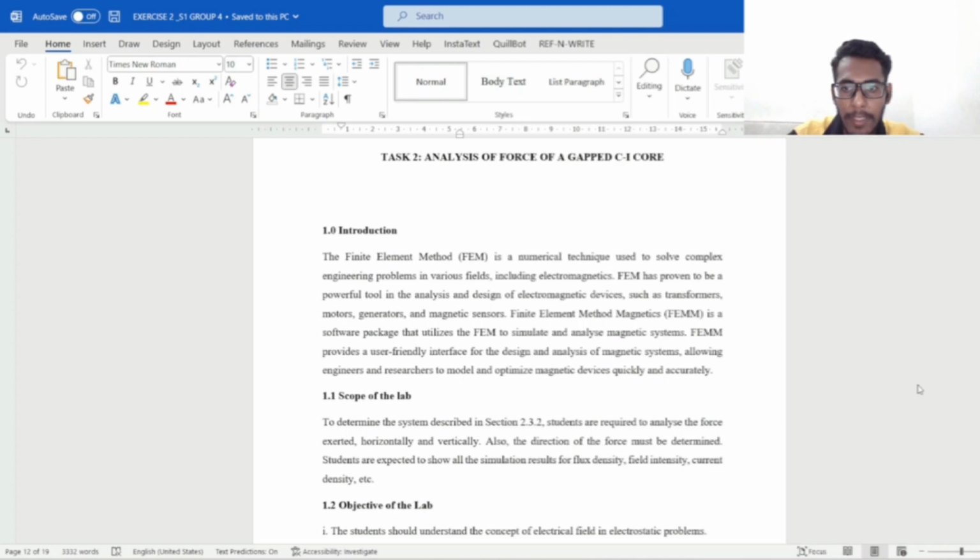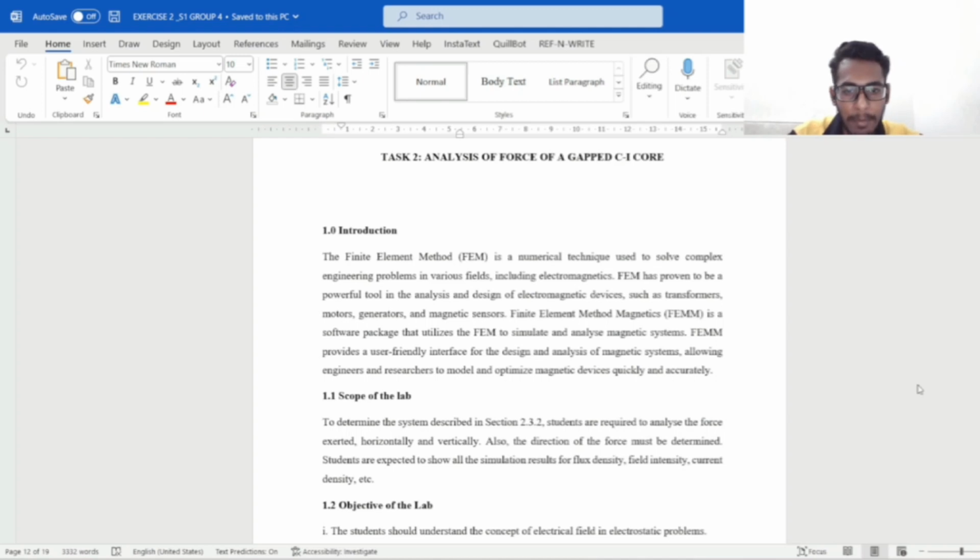FEM has proven to be a powerful tool in the analysis and design of electromagnetic devices. Finite Element Method Magnetics, FEMM, is a software package that utilizes FEM to simulate and analyze magnetic systems. FEMM provides a user-friendly interface for the design and analysis of magnetic systems.